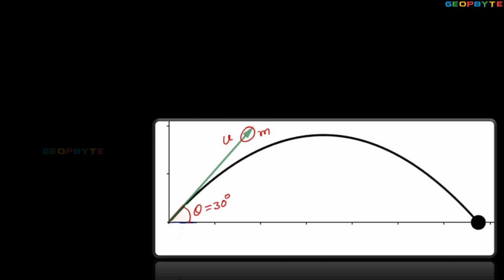It is asking what is the angular momentum about its point of projection. Point of projection is O, when the particle is at its maximum height. Look at the maximum height. This is the maximum height point.